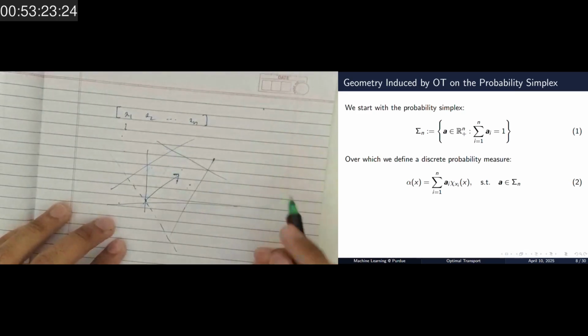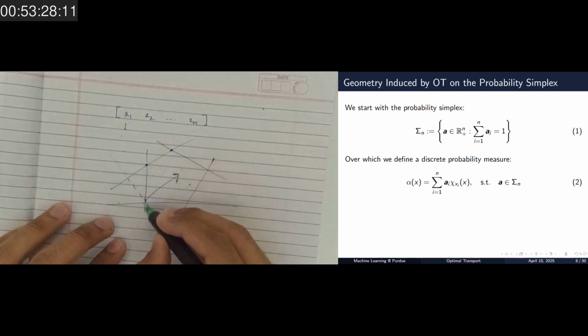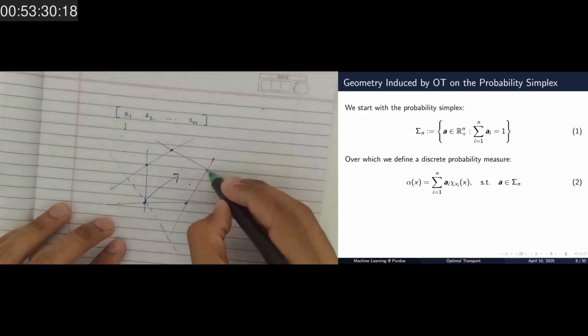One interesting aspect is that the optimal solution is always at one of these extrema. So 1, 2, 3, 4.